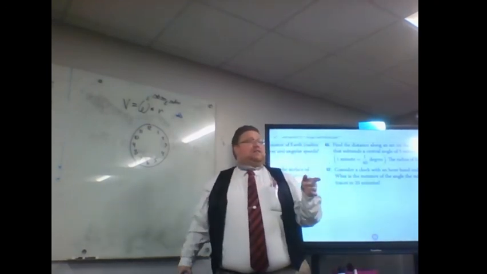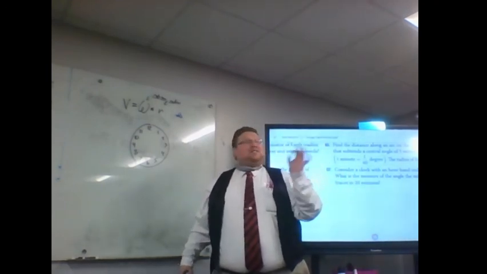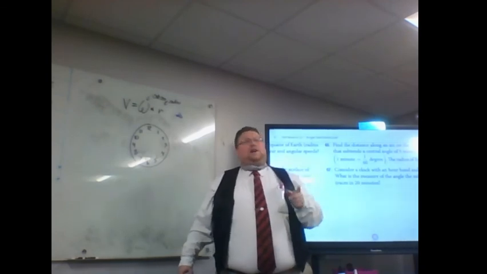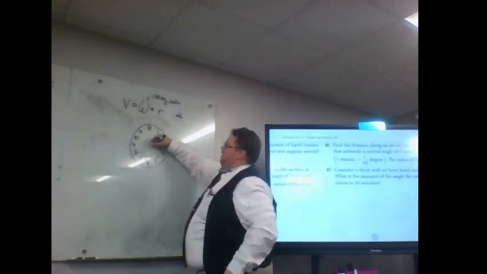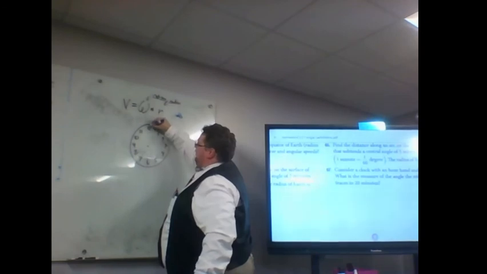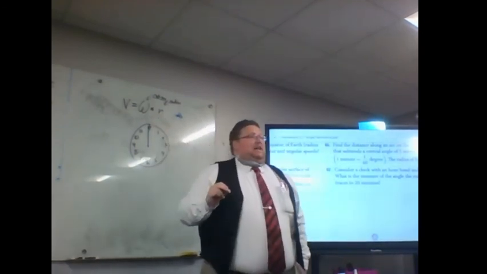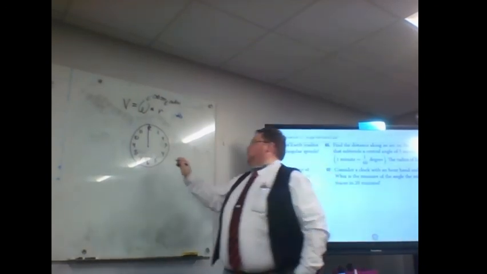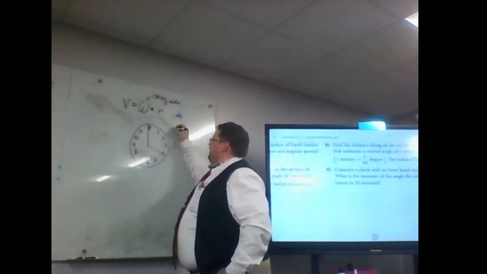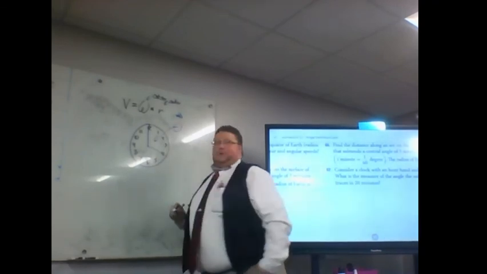The question asks how far will the minute hand travel in 20 minutes? I'm going to think of this as if the minute hand started up here at 0, or 12 o'clock. In 20 minutes, where's the minute hand going to end up? At the 4 over here. The question is asking, what's that angle?